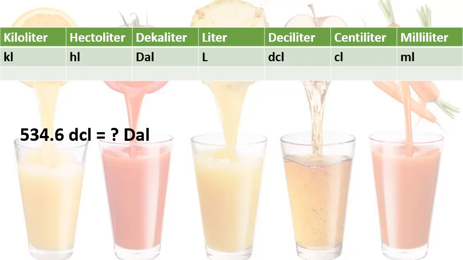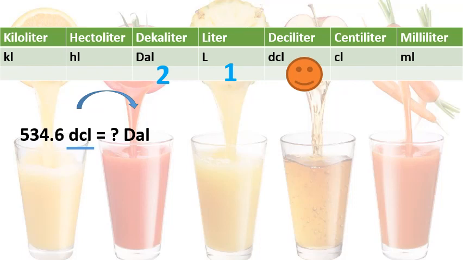Another example. So here is the table, and this is the question. 534.6 deciliters equals how much in decaliters? So we are in deciliters. Where are we going to? We're going to decaliters. Let's put a smiling face in deciliters, and let's start counting. 1, 2.